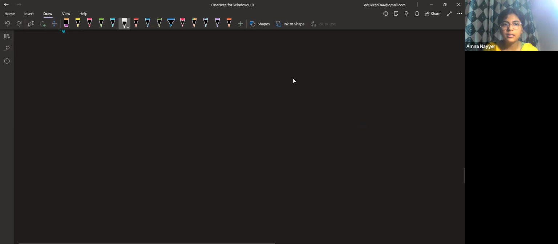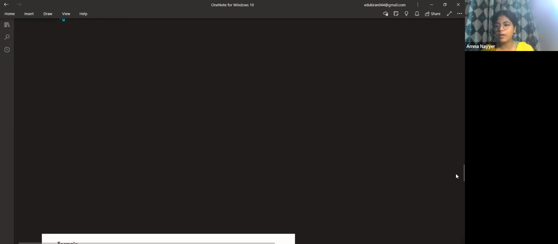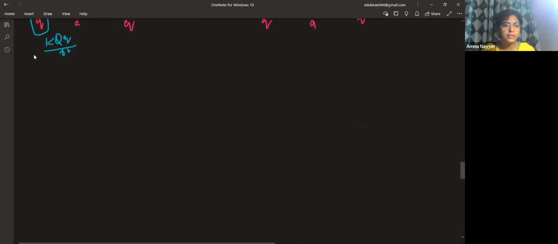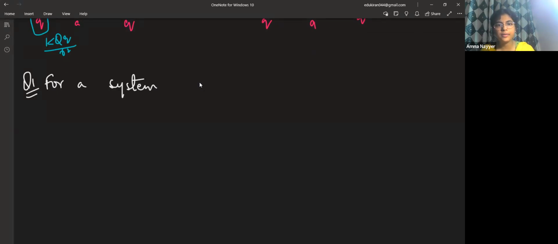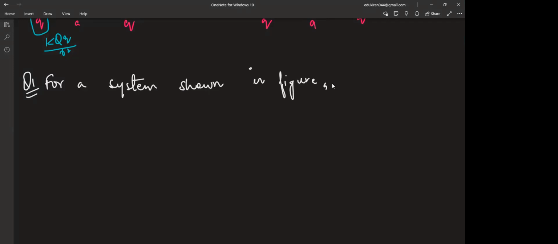See, question says that for a system shown in figure, this is the net charge on small q.